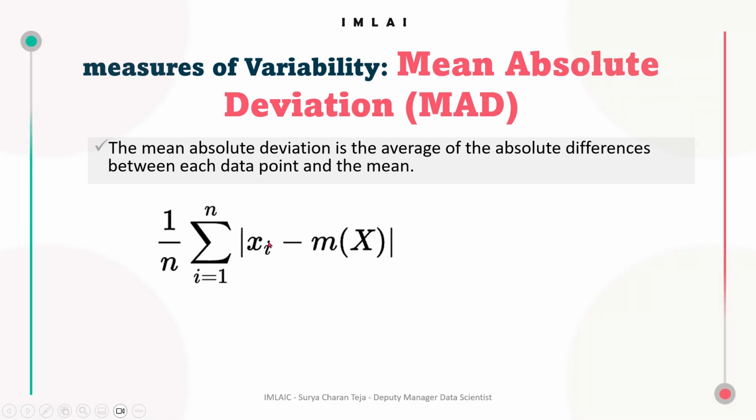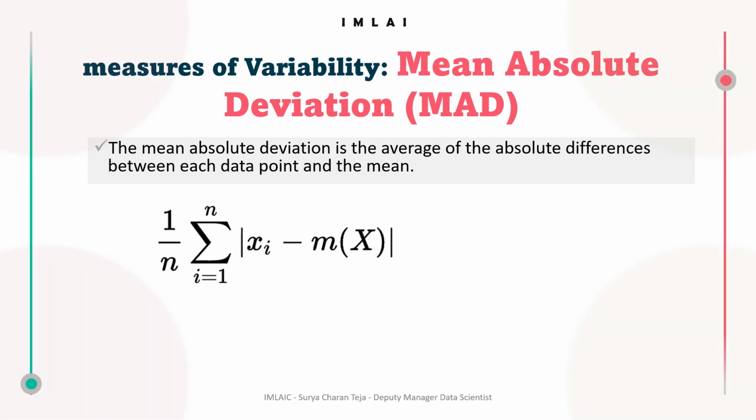We have calculated the deviation, that is yi minus y bar, here xi minus m of x, that is the mean of x. And when you take the absolute of each deviation, even the negative ones will be converted into positive.